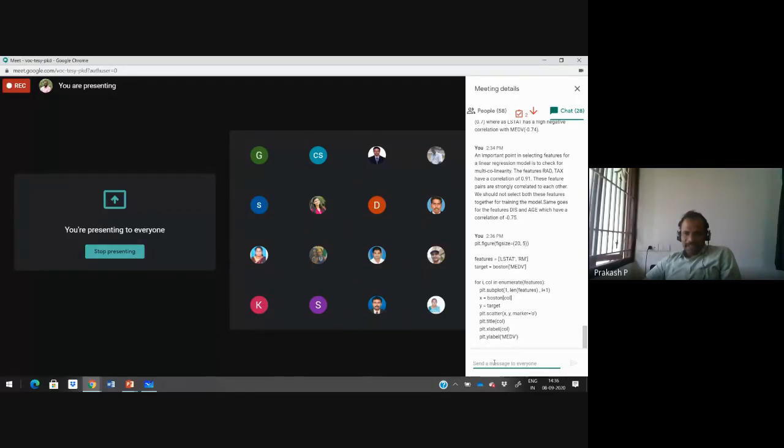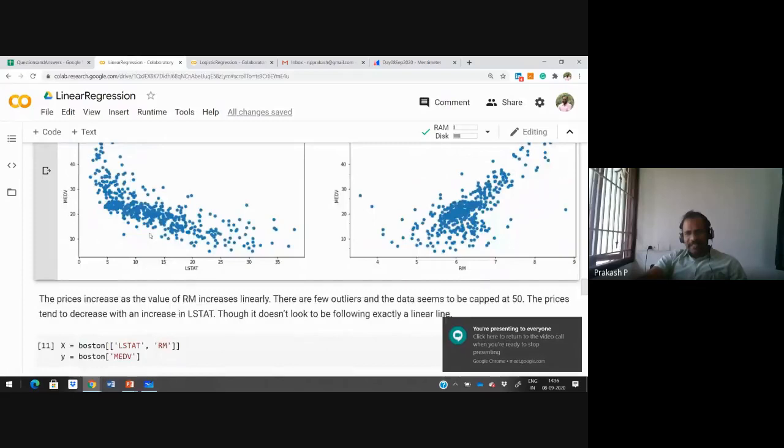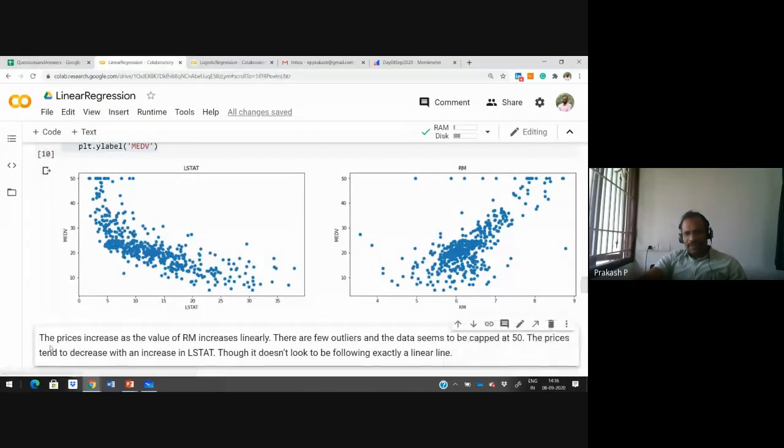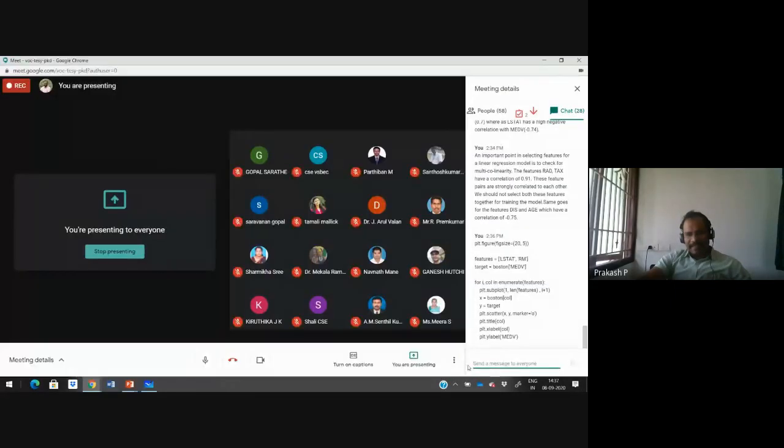For LSTAT, this is also linear but a negative correlation. If you look at my screen, the prices increase as RM increases. There are a few outliers. The prices tend to decrease with an increase of LSTAT. So this is exactly the linear line.